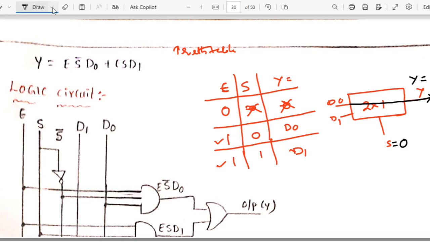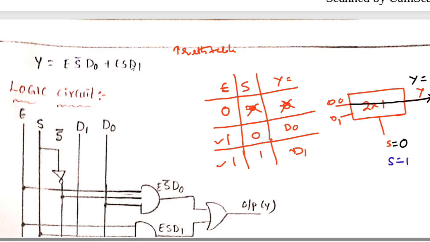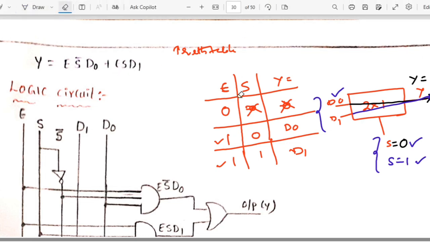When I give S equal to 1, D1 will be connected to the output. At a time only D0 or D1. It acts as a data selector: many data input lines come, and among them a single input is connected to the output. So the output depends only on the selection line. If the selection line is 0, D0 is connected to the output; S equal to 1, D1 is connected to the output. That is nothing but a truth table.